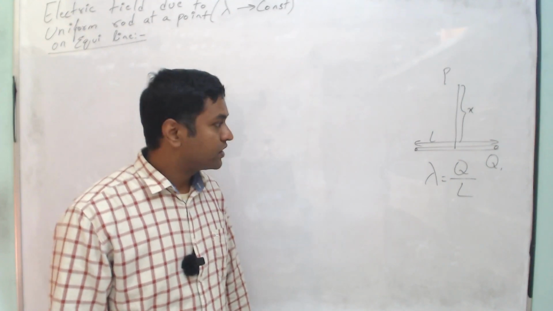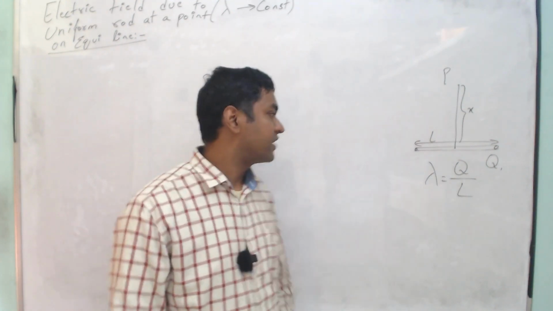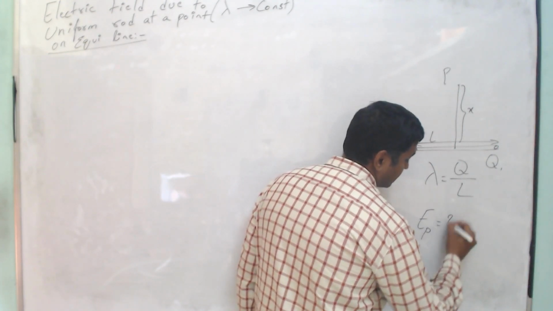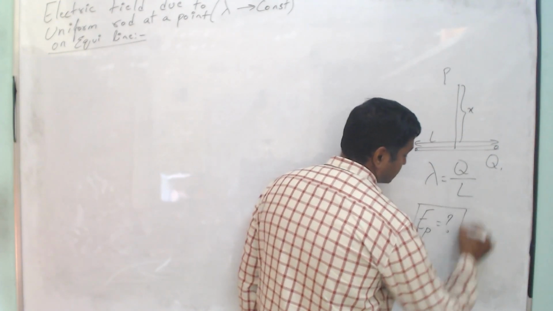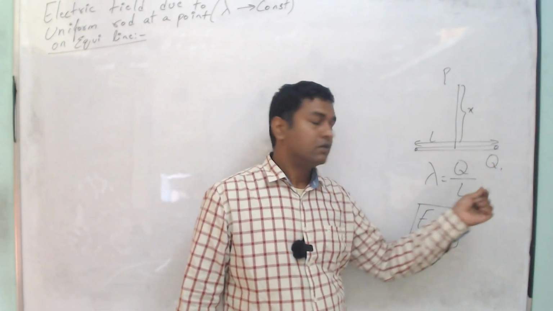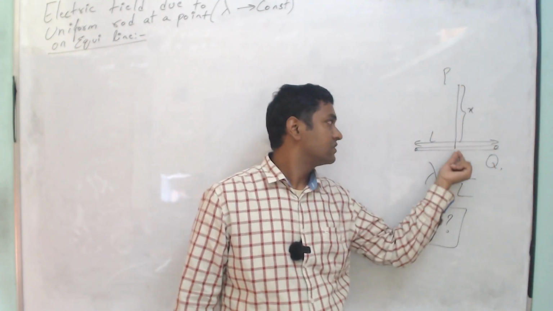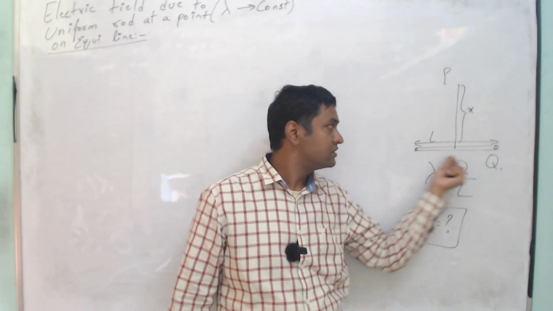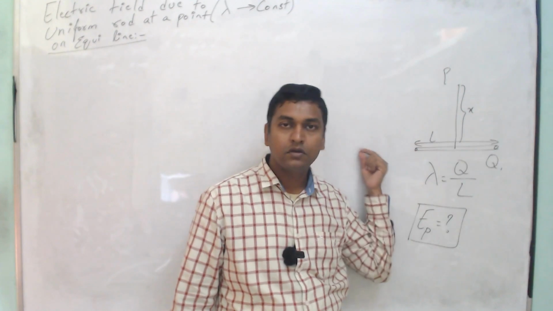We need to find the electric field at a point P due to this uniform distribution, which is at a distance x from the midpoint of the rod, and this line is perpendicular to the rod.